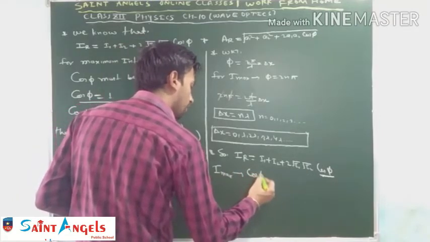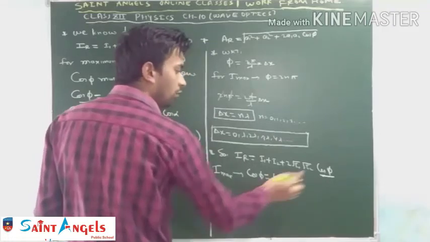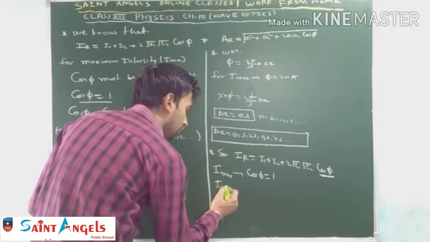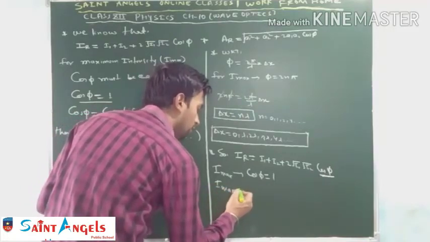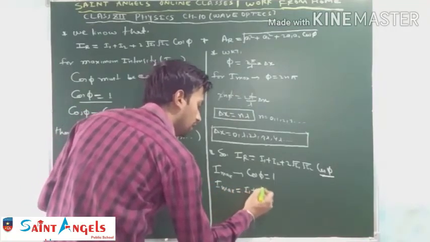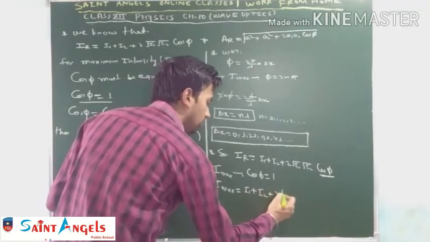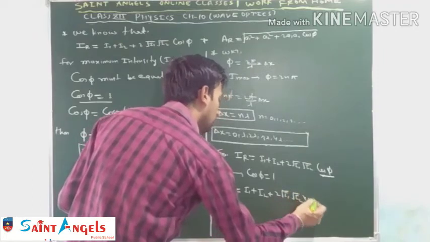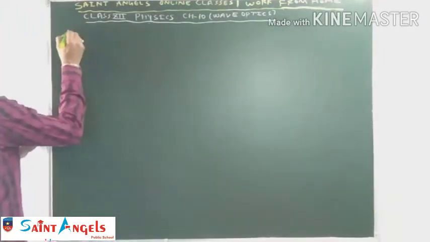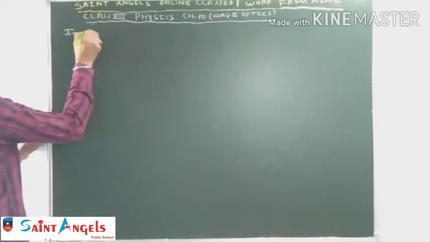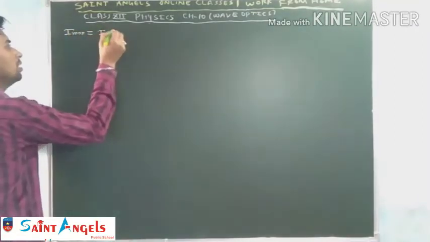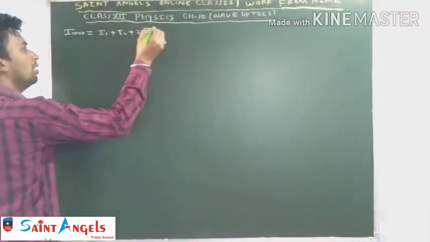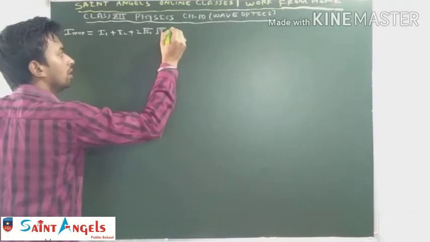Put the value of cos phi equal to 1 in this equation. We have maximum intensity Imax equal to I1 plus I2 plus 2 root I1 root I2 into 1.